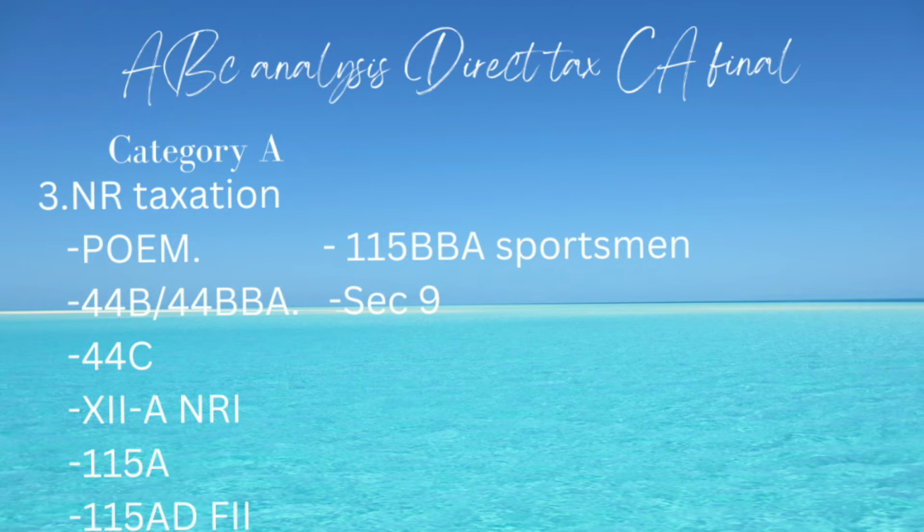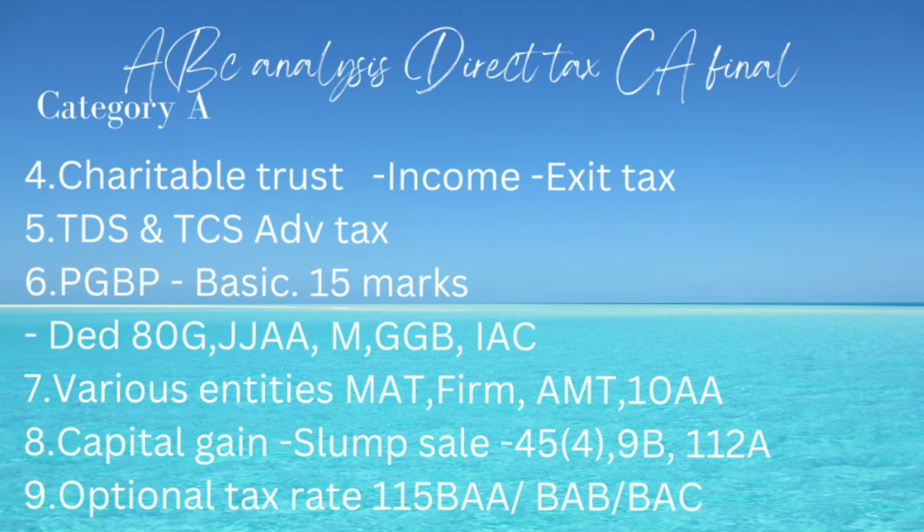Definitely refer to those. These are the areas in NR taxation. You must focus on all these areas and do all the questions relating to them, so that you are very well versed with these sections. The answer is not for the section marks, but for the treatment and the application of the provision that you give. So you must focus on these sections.